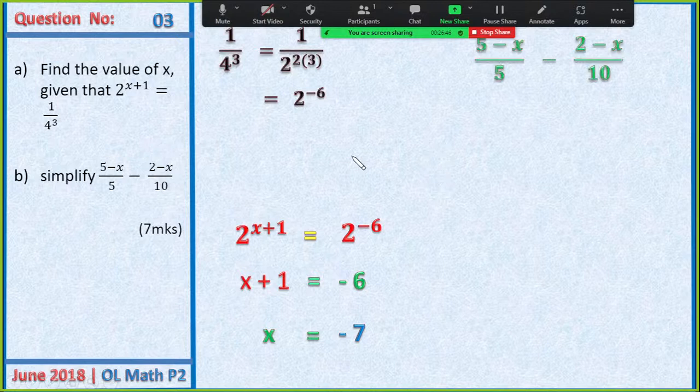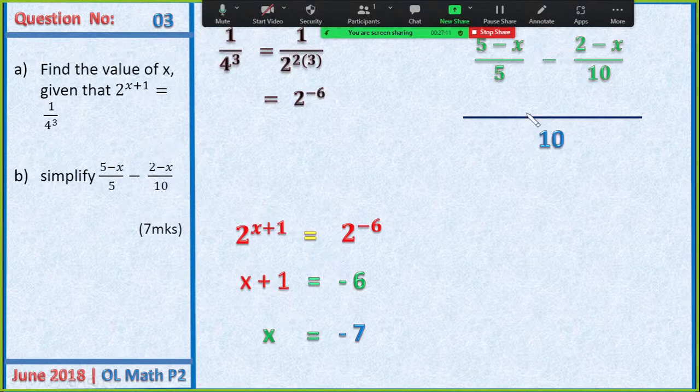Alright, so we take the b part. 5 minus x over 5 minus 2 minus x over 10. To simplify this expression, this is not an equation, we just have to look for the LCM, which is 10.